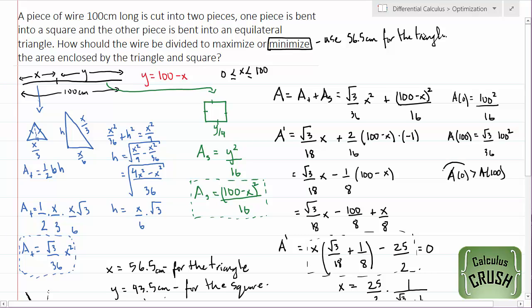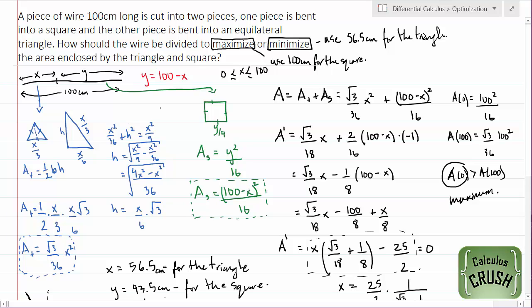So this is our maximum. If we want to maximize the area, we need to use 100 centimeters, or all of it, for the square. And don't leave any over for the triangle.